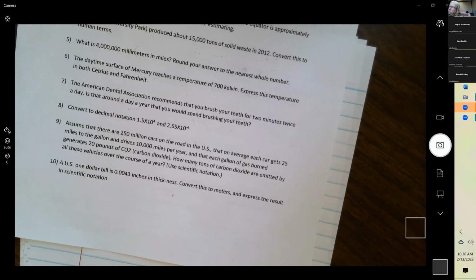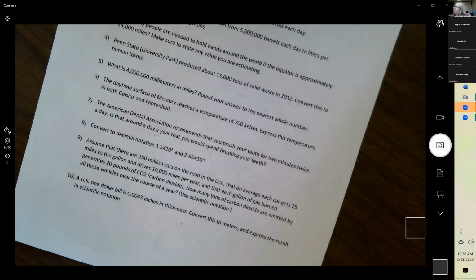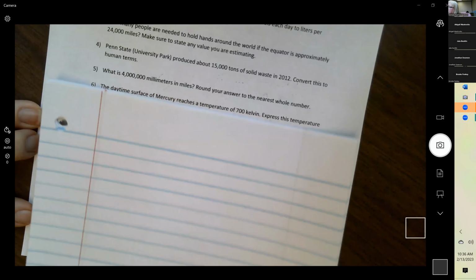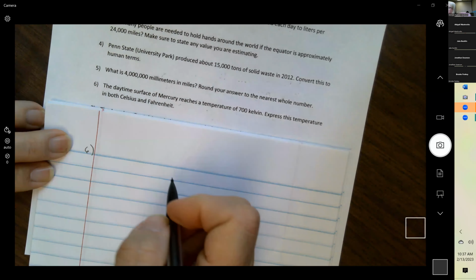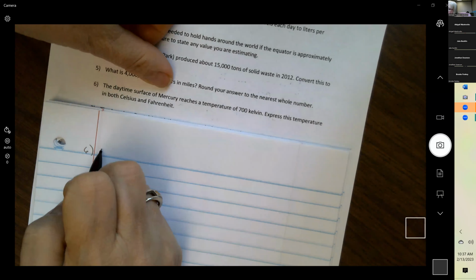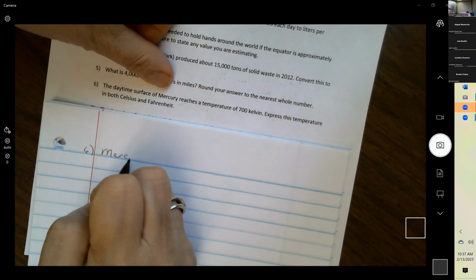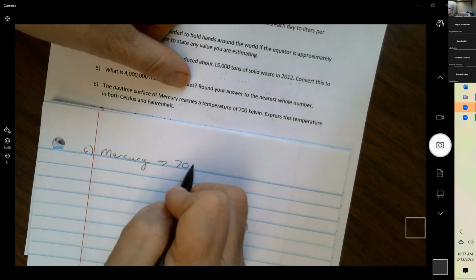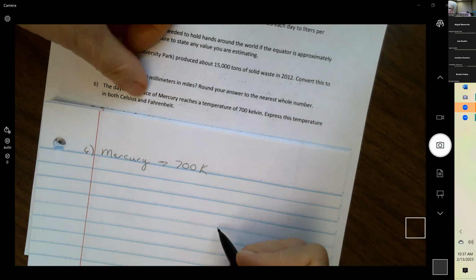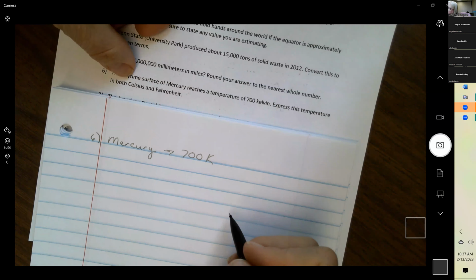Number 6. Definitely see something like this on the test. The daytime surface of Mercury is 700 Kelvin. Express this temperature in both Celsius and Fahrenheit.